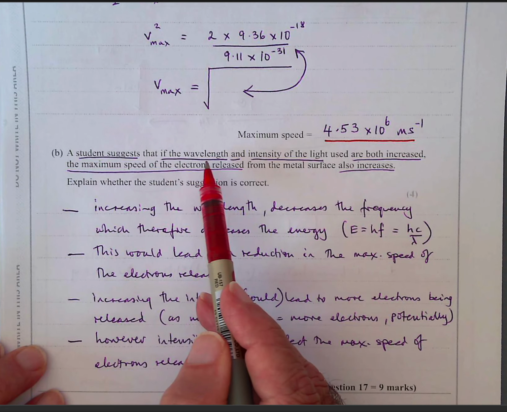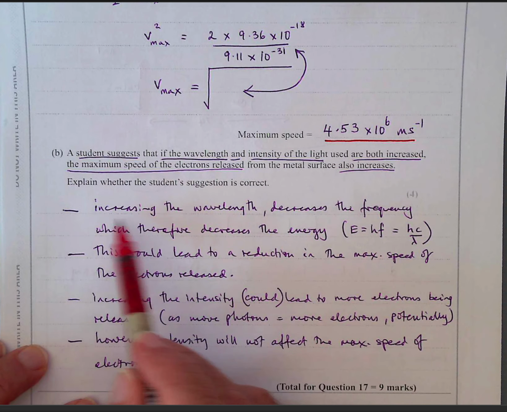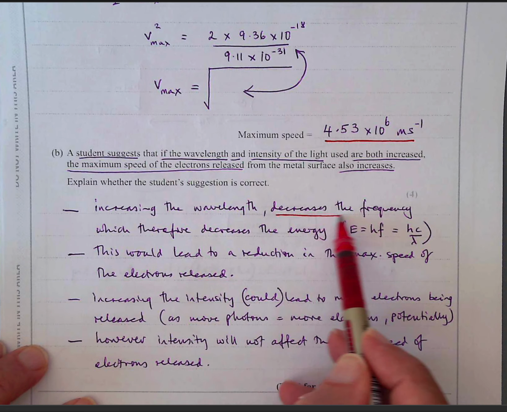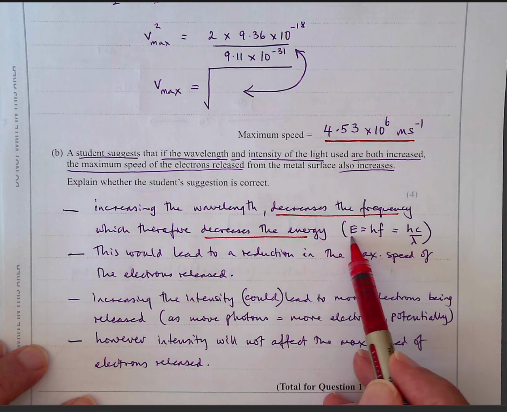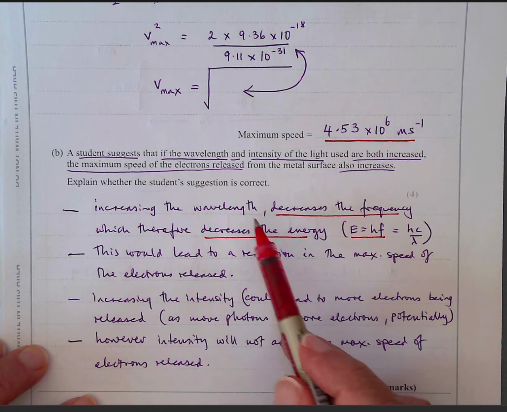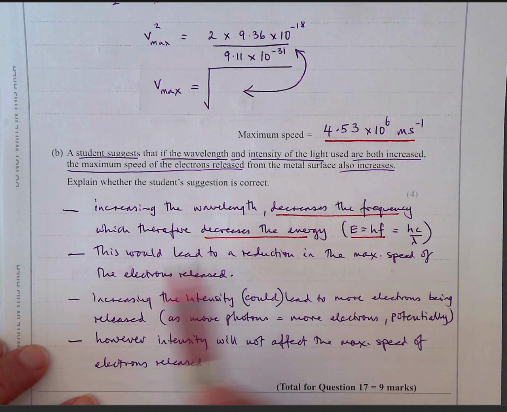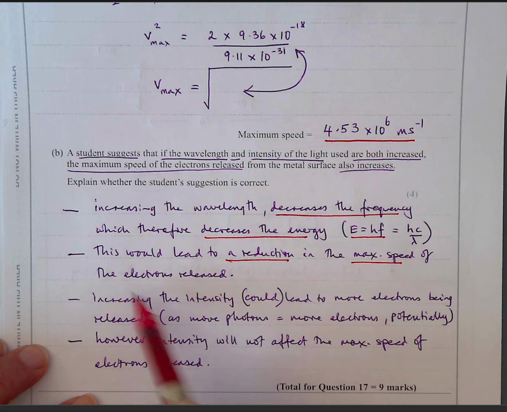Well, if you increase the wavelength, what are you doing? You're actually decreasing the frequency, which therefore decreases the energy, because energy is proportional to frequency. So increasing the wavelength would have the opposite effect to what the student suggests. This would lead to a reduction in the maximum speed of the electrons released.